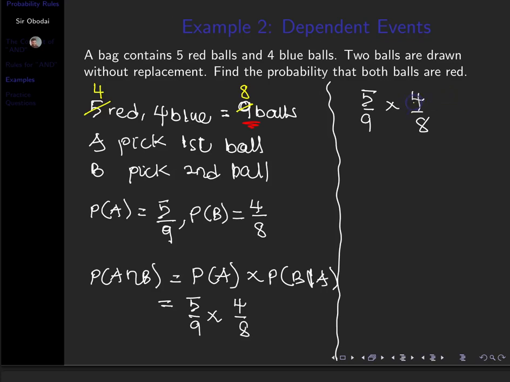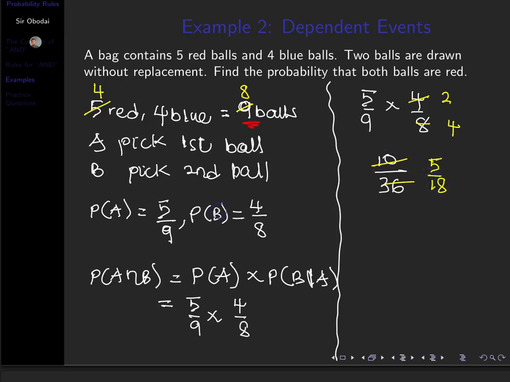So simplifying, we can divide 4 by 2 twice and 8 by 2 four times. Multiplying our numerators, we get 10 over 9 times 4, which gives us 36. I think we can still cancel out. So 2 divides 10 to give us 5, and 2 divides 36 to give us 18.